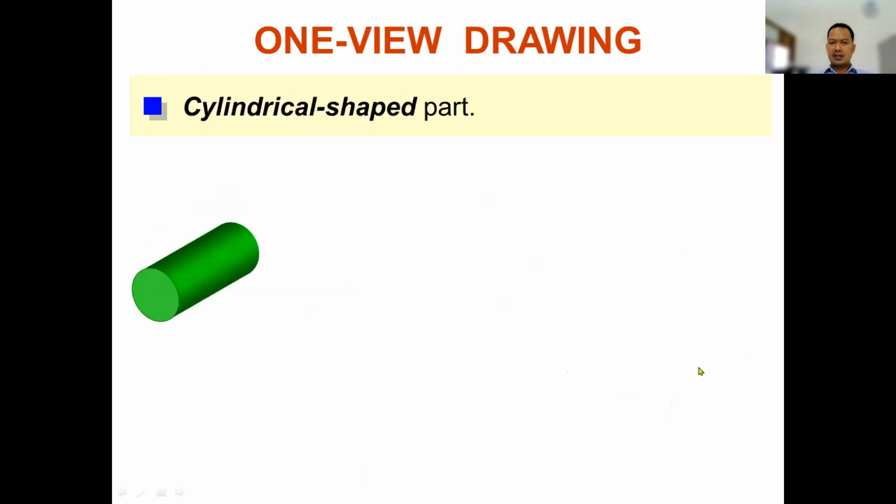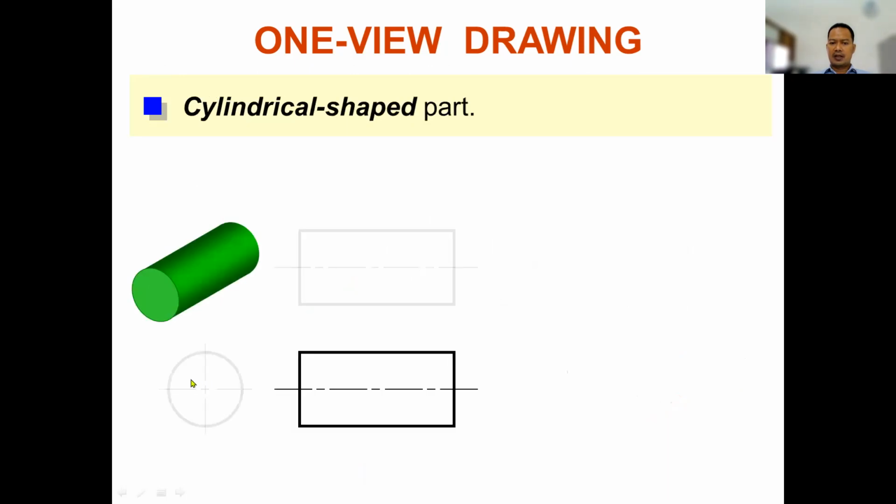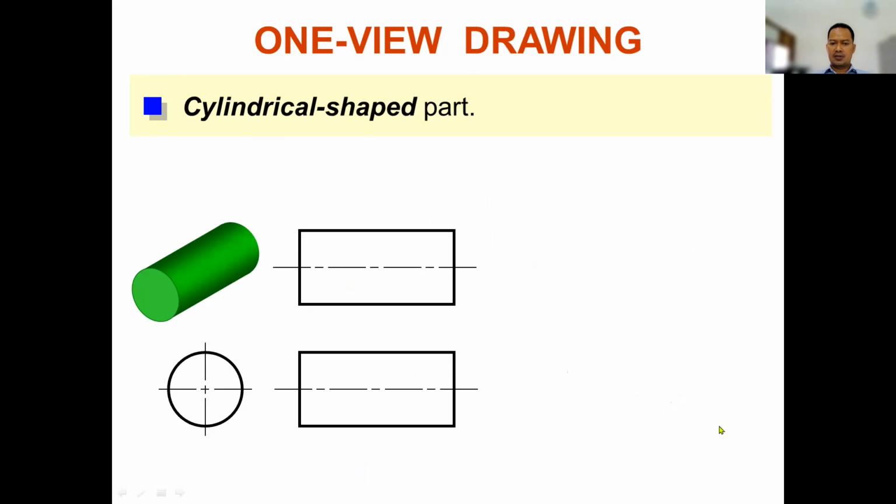And then cylindrical shape parts. For example, you have a cylindrical part in here, and then you create the projection views. You see, if you have 3 projection views like this, they are repeated objects. This is unnecessary.